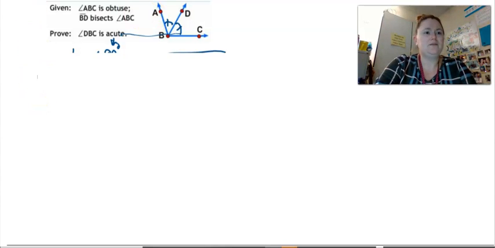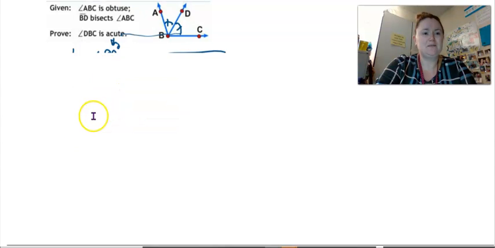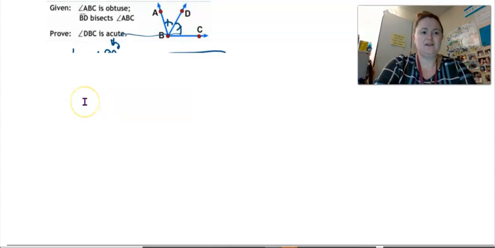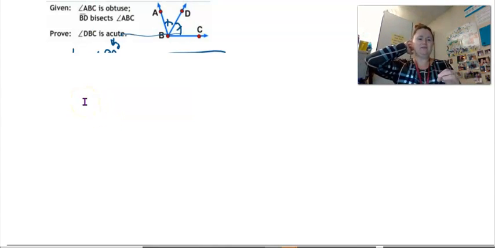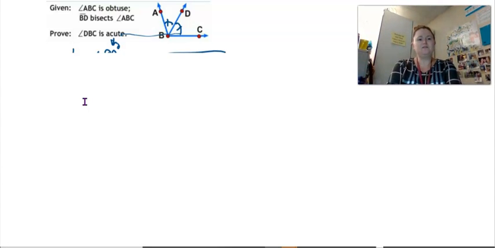I'm going to type it because I'm on a computer. You could write this by hand, obviously. And sometimes I might pause in my typing and write some stuff out. So we always need to start, and the one thing that's going to be kind of backwards with writing a proof is you start with your given and your last sentence should be, therefore, DBC is acute.